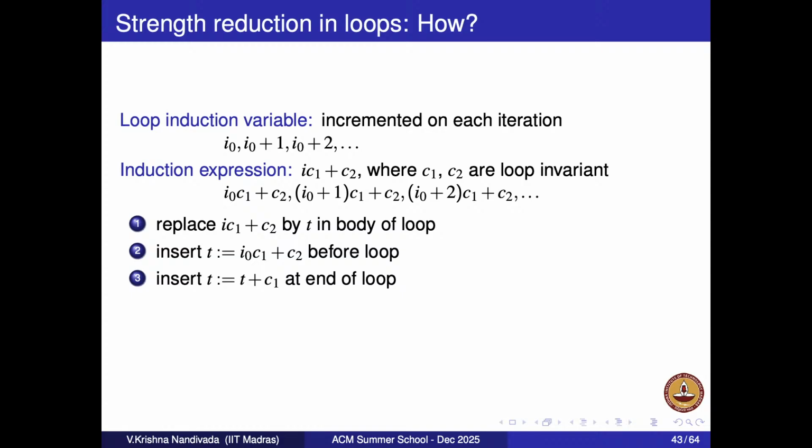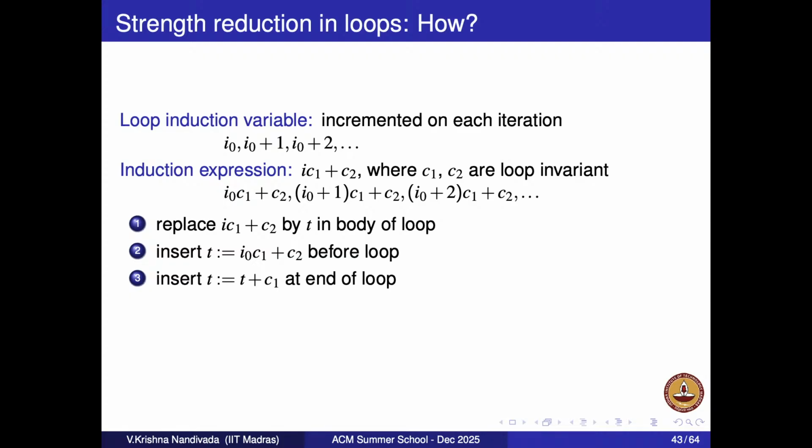And then at the bottom of the loop, insert t equal to t plus C1 or C2? Why not C2? It doesn't increase by C2. The difference between this term and this term is C1. What am I doing? Three steps. For the induction expression, I am replacing it with a temporary.